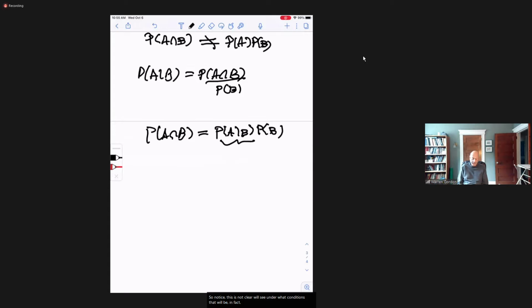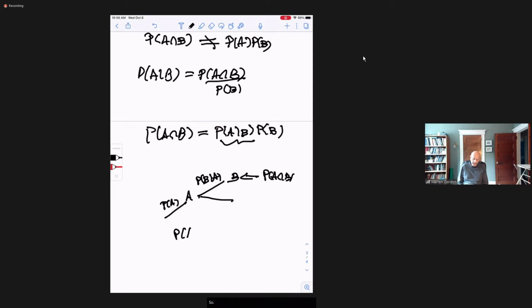In fact, if you think of it in terms of a tree, if this is A and this is B, here's P of A, here's P of B given A, and right here P of A and B would be the product of these two.